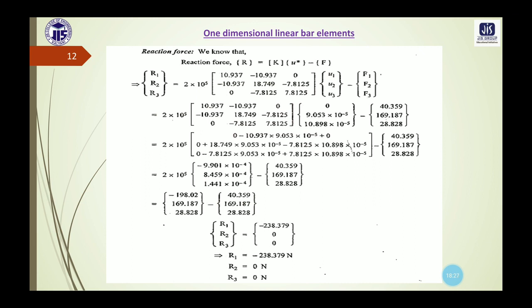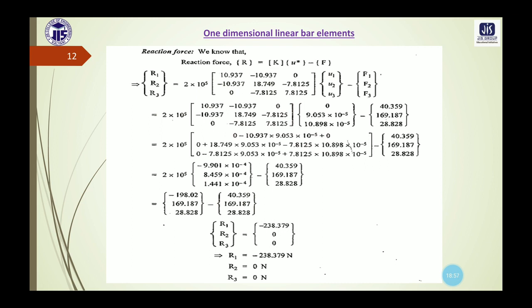Next we need to calculate the reaction force, the support reactions. Now the formula of the reaction force, this R matrix, is equals to the multiplication of stiffness matrix into the nodal displacement matrix minus the column matrix of the force vector. Now all the values are actually known to us and we have found out in this numerical.